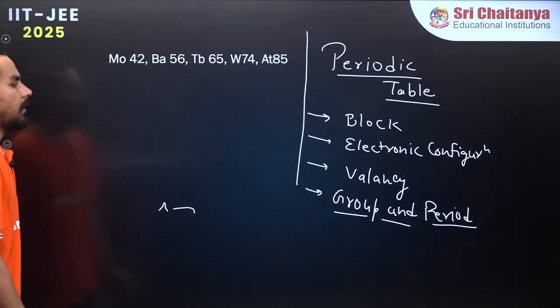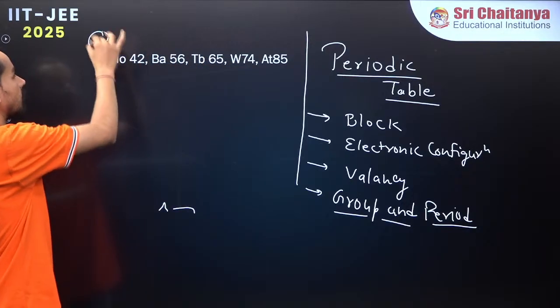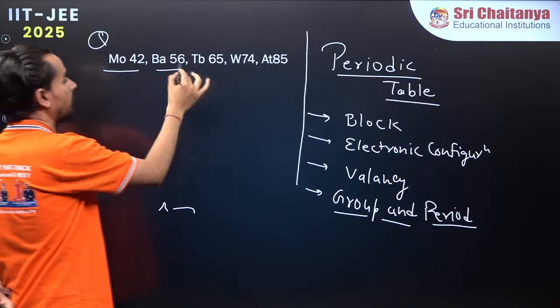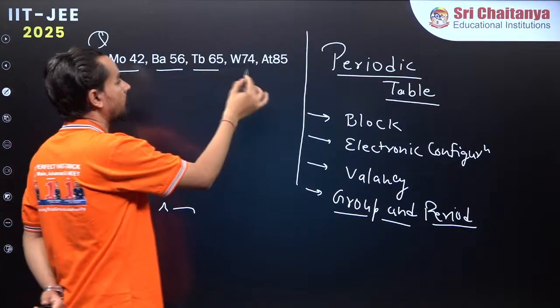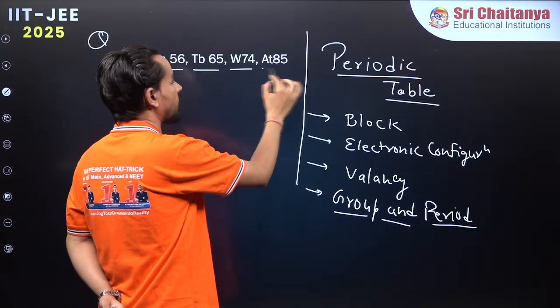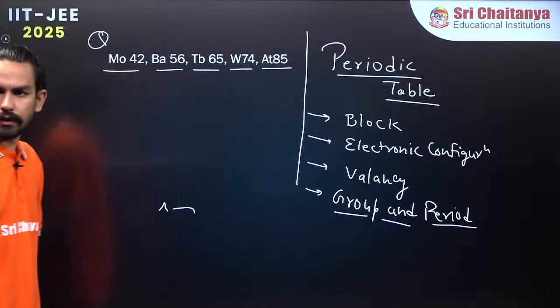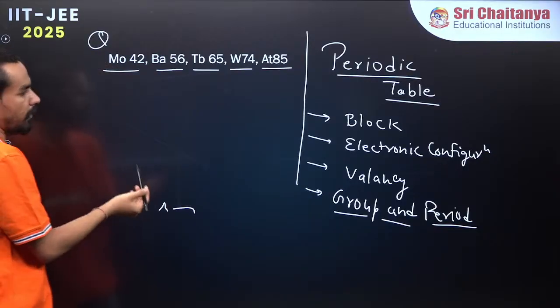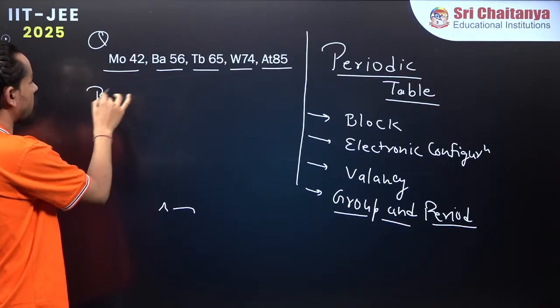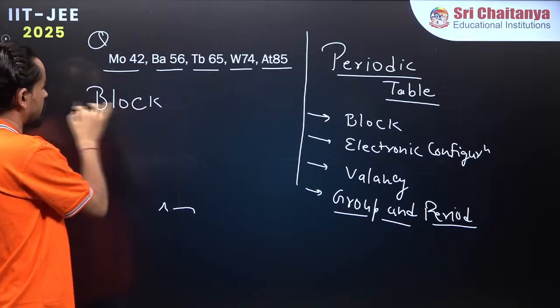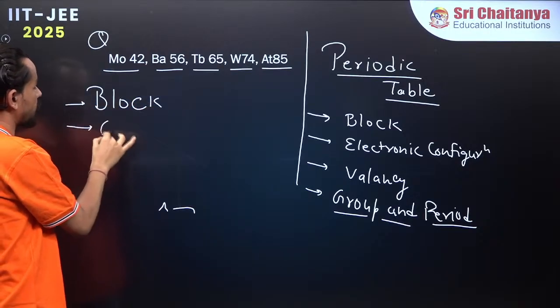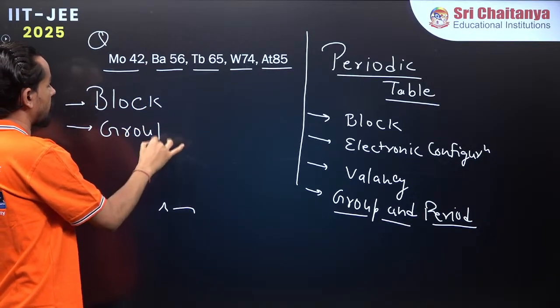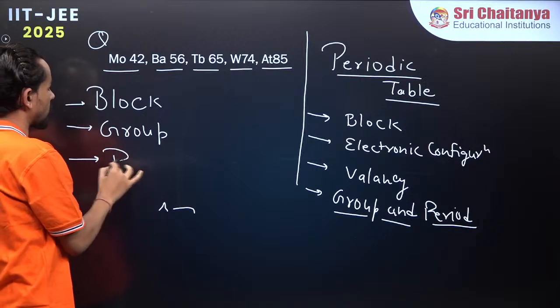And here are some questions: Mo 42, barium 56, terbium 65, tungsten 74 and astatine 85. These are the 5 questions. For them you have to find out which block they belong to, which group, and which period.